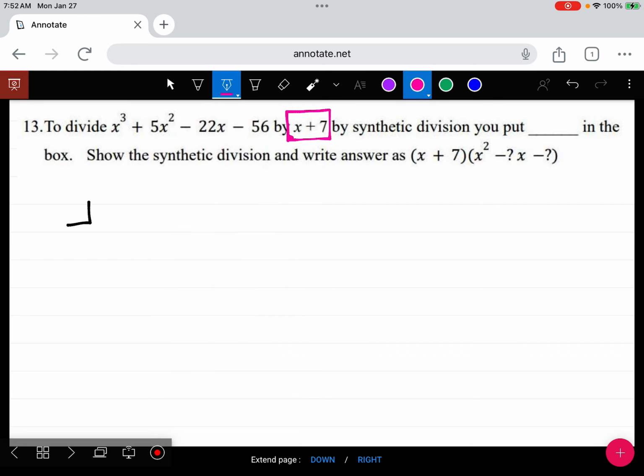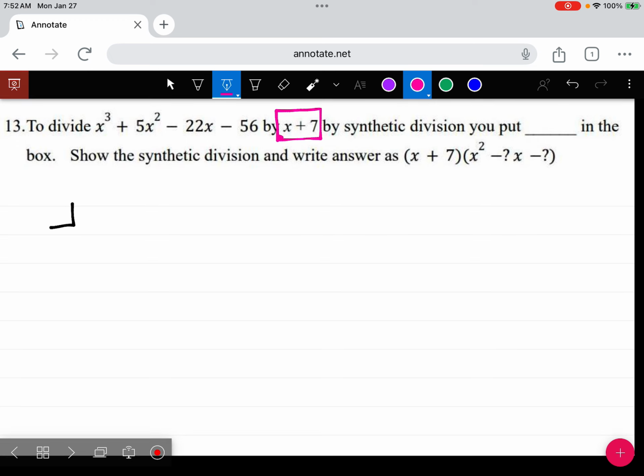How do we know it's going to be -7? To figure out what goes in the box, we take that x plus 7, the thing we're dividing by, or the factor we're given, and set it equal to 0. Subtract 7 from both sides, we get x equals -7. That gives us a root. That's the guy that goes in the box.